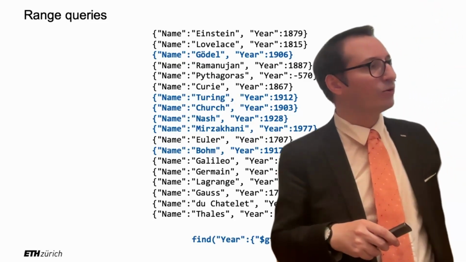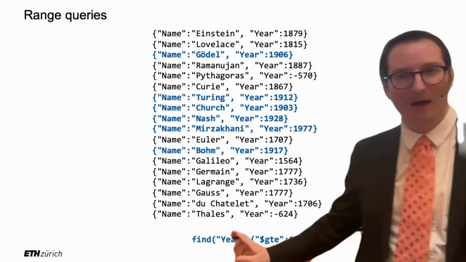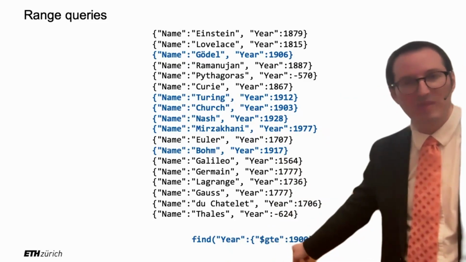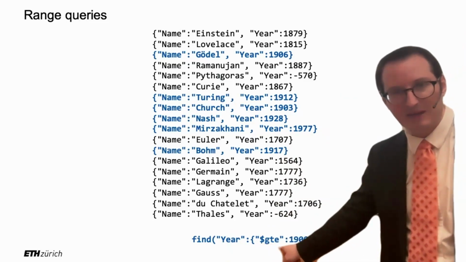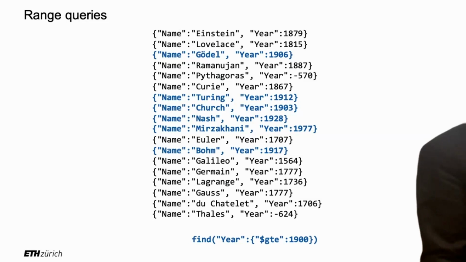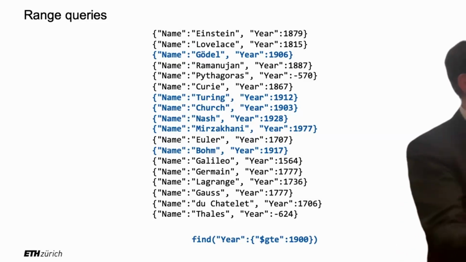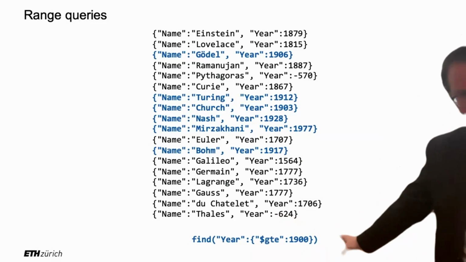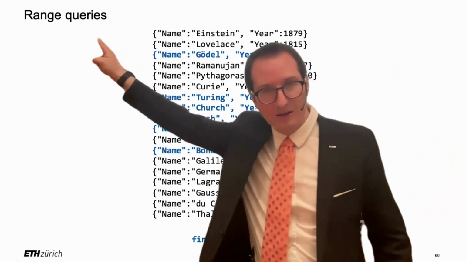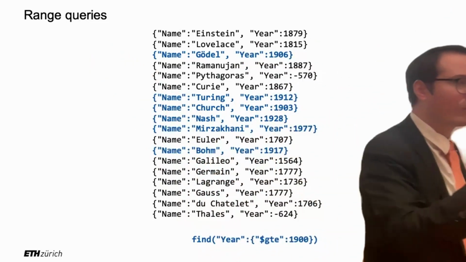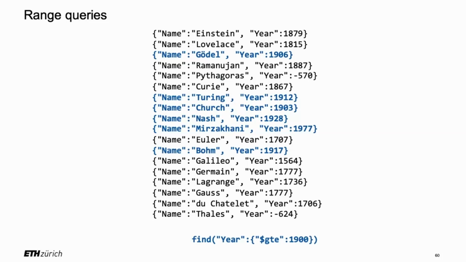In a range query, you don't look for specific values, but you look for something that is within a range. For example, all the years that are after 1900. You can also have an upper bound, right? It can be between 1900 and 1950, for example, right? So this is called a range query. This is a whole different category of queries. We can also optimize them with indices.